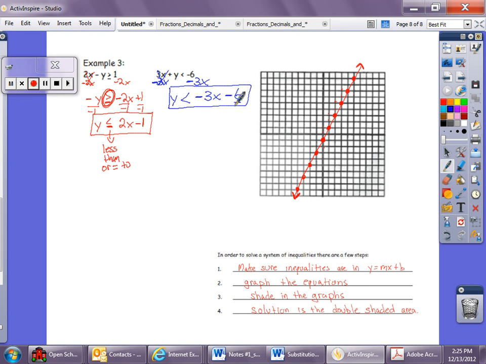So we start at the y-intercept, which is -6. And now we have a slope of -3. So the slope of -3 over 1 means we go down 3 and right 1. Or instead of going down 3 and right 1, we can go up 3 and left 1.